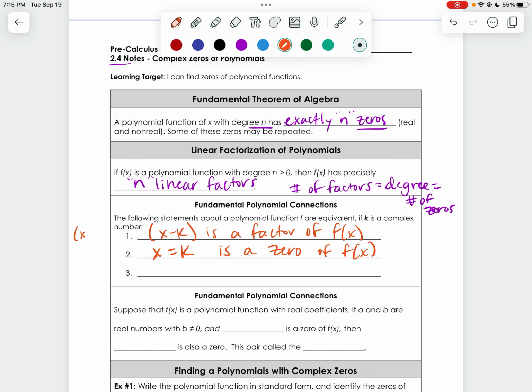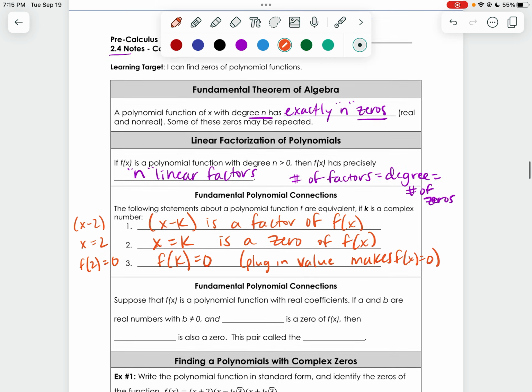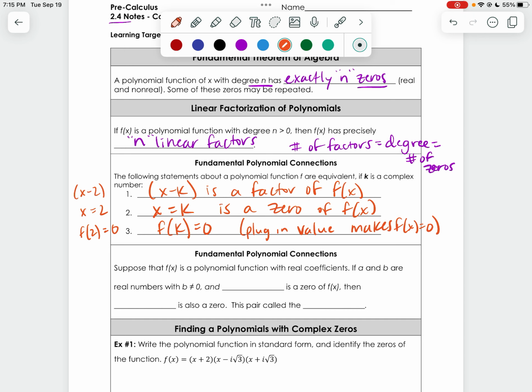Like if it said x minus 2, then x equals 2 would be a zero. And the third thing, f of k equals 0. That means if you plug in that value, in this case 2, it makes the function equal to 0. If you plug in 2, you get 0. All three of those things are equivalent statements.